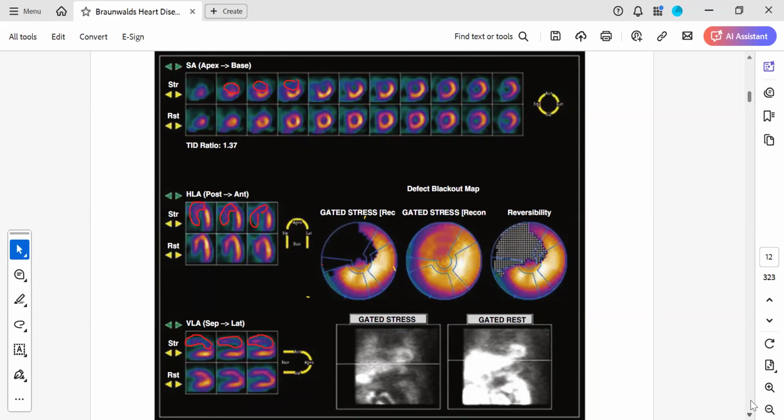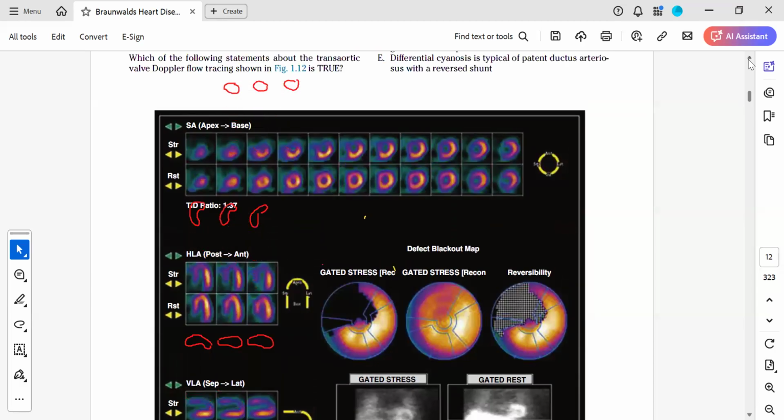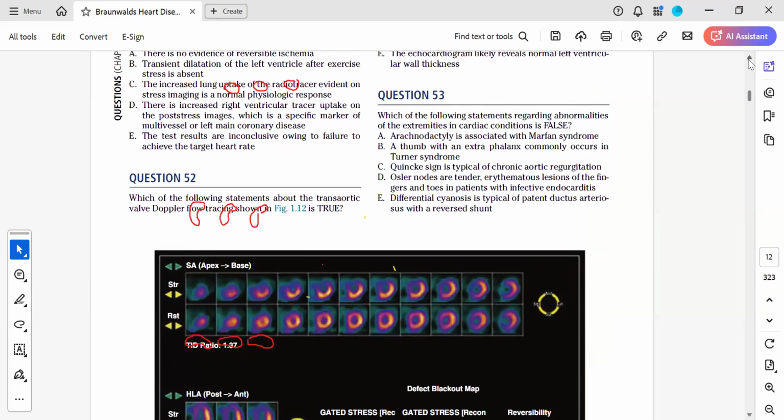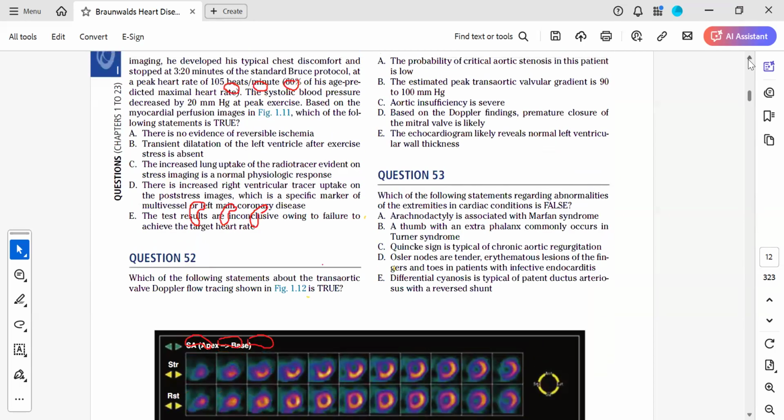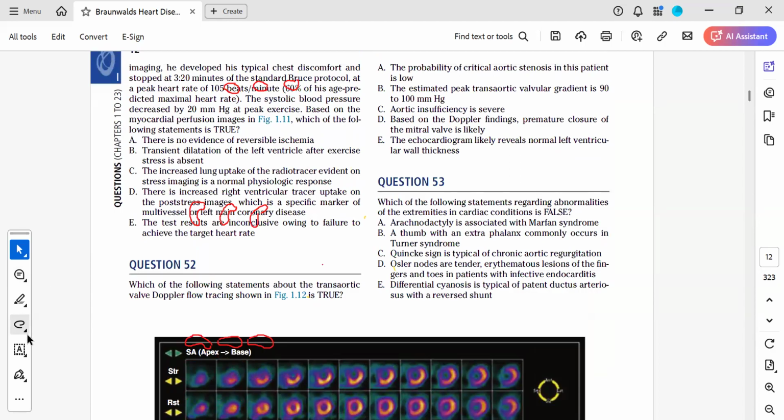So for option A, there's no evidence of reversible ischemia.